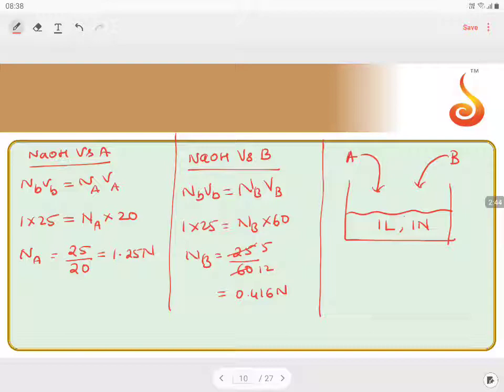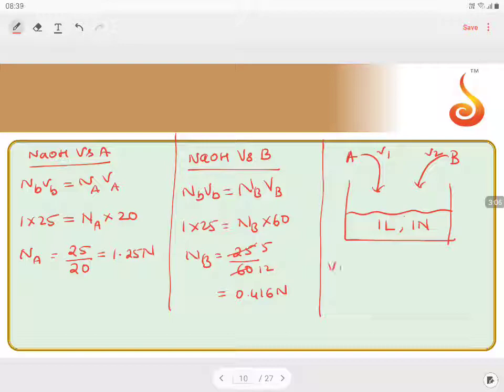So ultimately we are adding A and B to each other with some volume V1 and some volume V2, such that the overall normality comes to 1 normal and overall volume comes to 1 liter. So let us understand how to take this particular one.